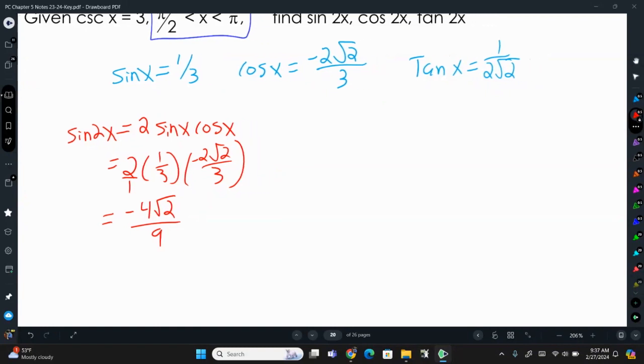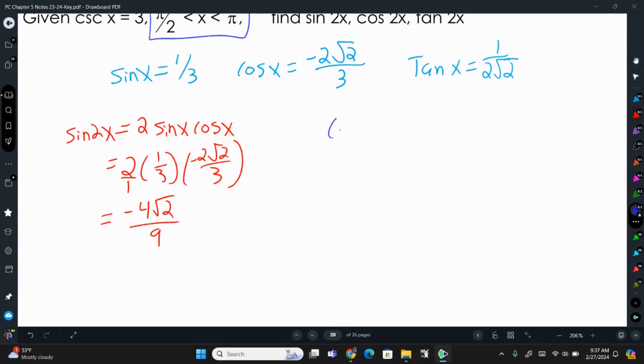Now cosine of 2x, again, we have options. Oops, not cosine squared 2x. Cosine of 2x. We could use either one of the three formulas we have. Now, I'm going to use the cosine squared minus sine squared formula because we already identified what those are.